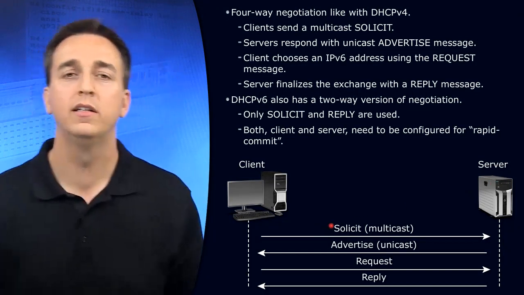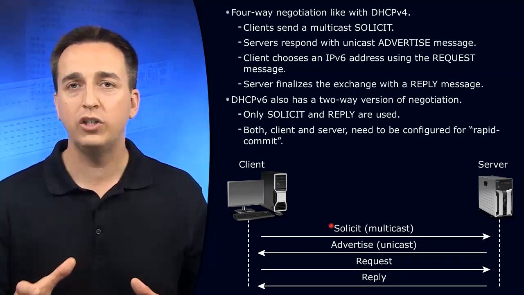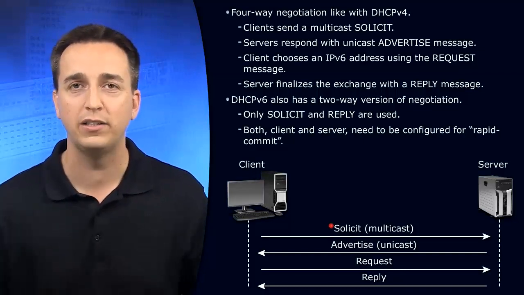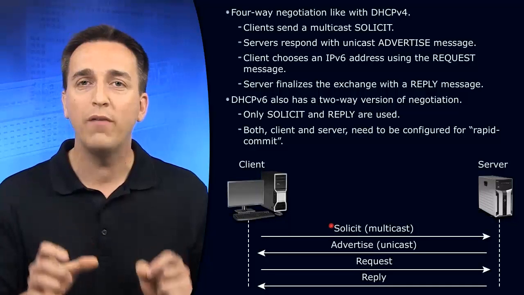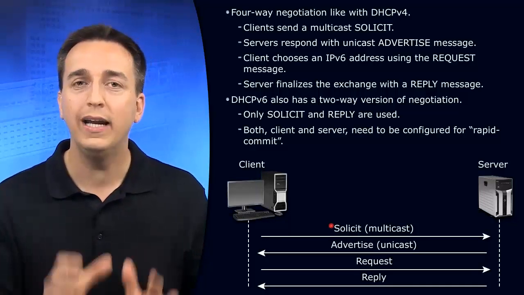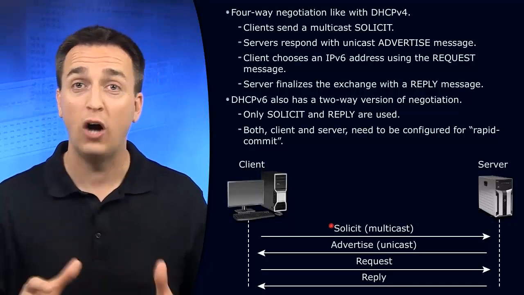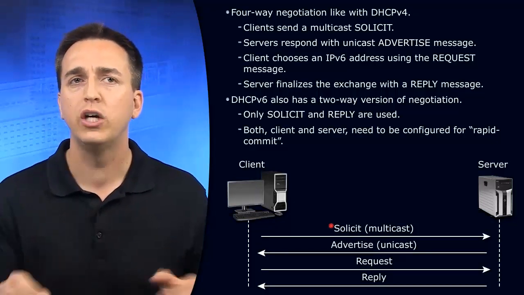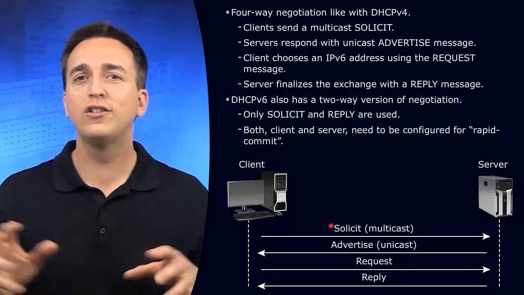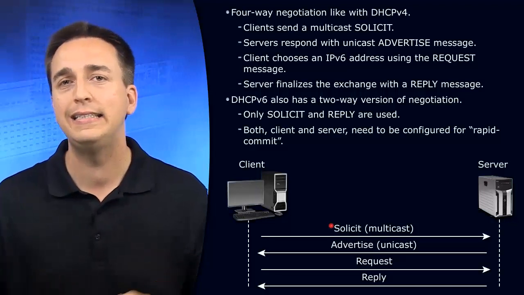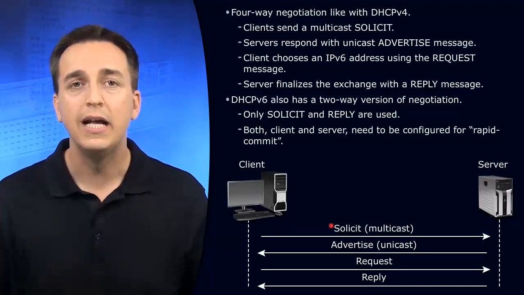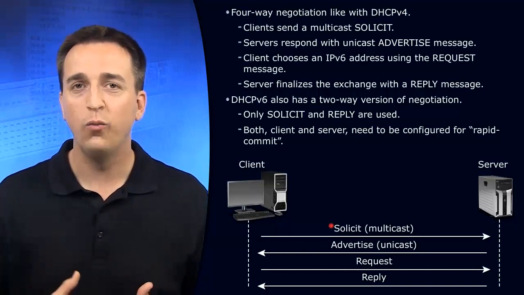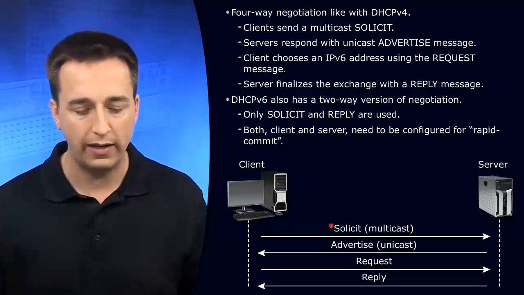Let's try it again. The solicit message is very similar to the DHCP discover message for IPv4. However, it's not a broadcast anymore. It is a multicast message because broadcasts do not exist with IPv6. So this solicit message is responsible for searching out and finding the DHCP servers that could provide the client with the addressing information that it needs.